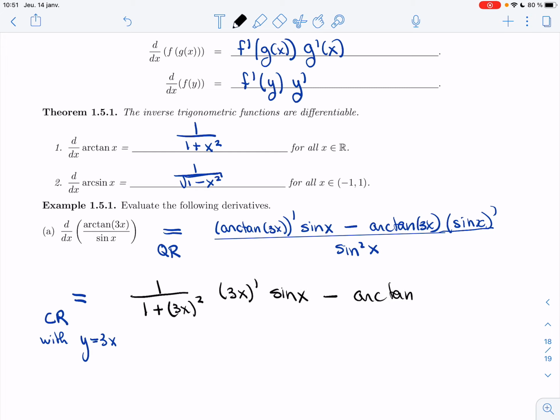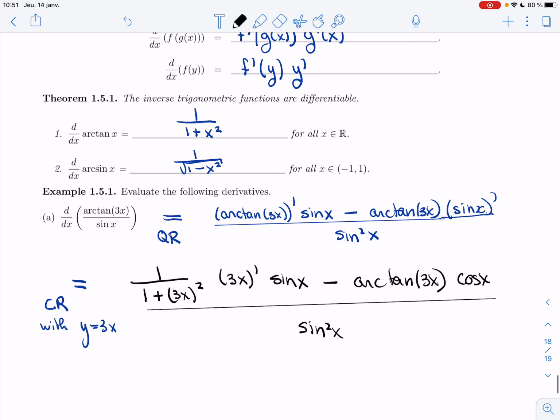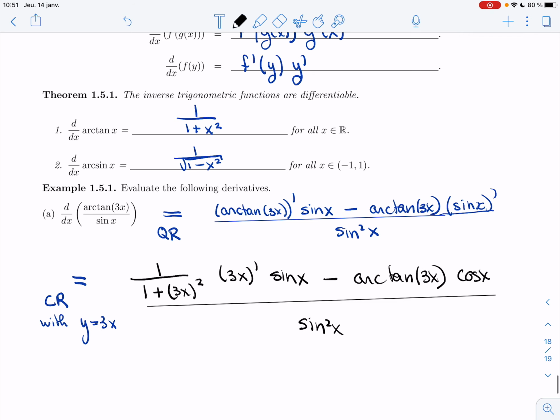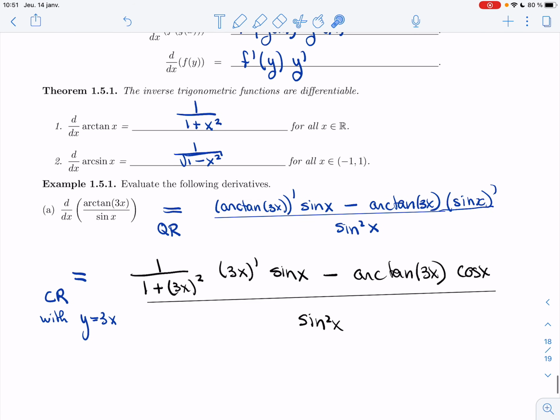This term, arctan of 3x, we don't have anything to do. Sine, the derivative is cosine, that's fine. And then sine squared. Perfect. The only thing we have left is this. We cannot leave a derivative here.